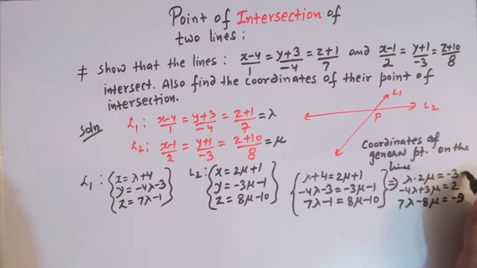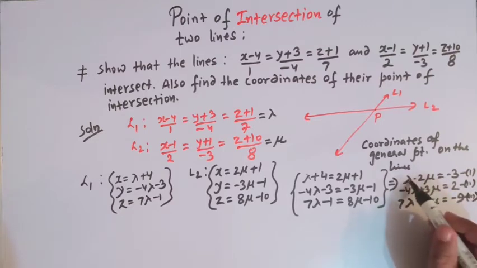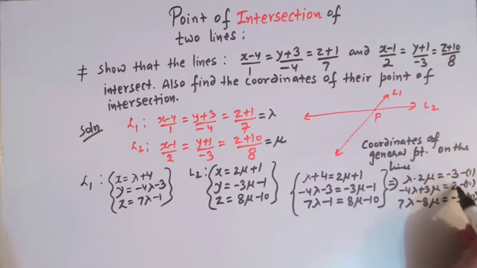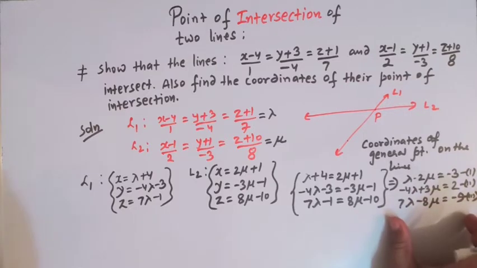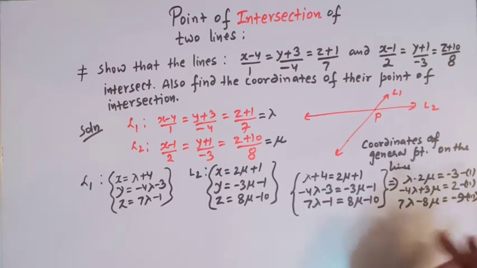Now here we have three linear equations. Now what we will do? Now we will solve any two equations, and we will find the values of lambda and mu from those two equations, and we will substitute those values of lambda and mu in the third equation, and if the third equation is satisfied, then we can say that the two lines intersect.